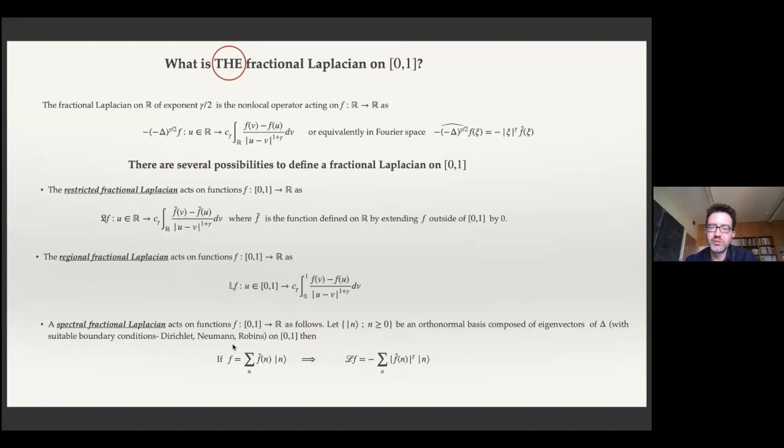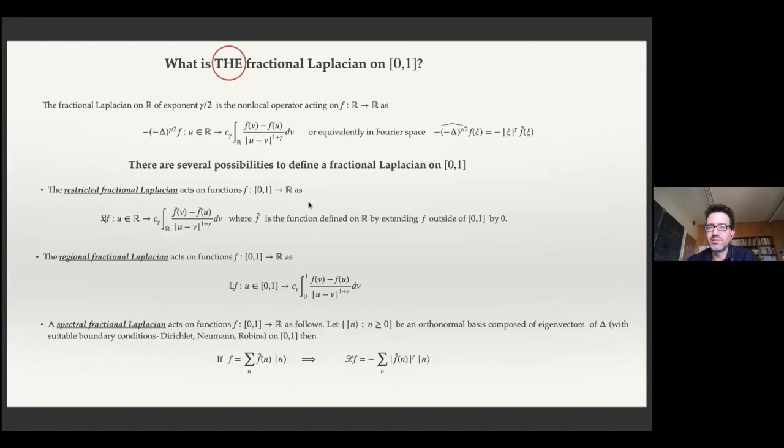And then you use the equivalent of this definition, but now in this bounded domain: you decompose your function on this basis, and then you just take the suitable exponent of the Fourier coefficient. And it gives you some other definition of a fractional Laplacian on 0, 1. Probably it is not exhaustive. There are maybe some other ways to define a fractional Laplacian in a bounded domain.